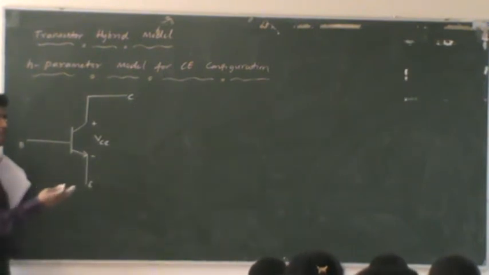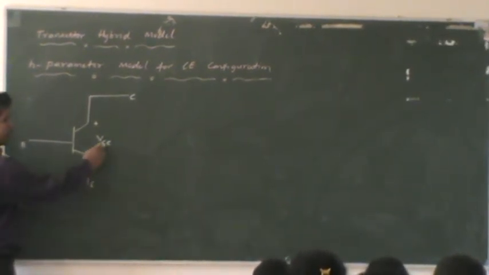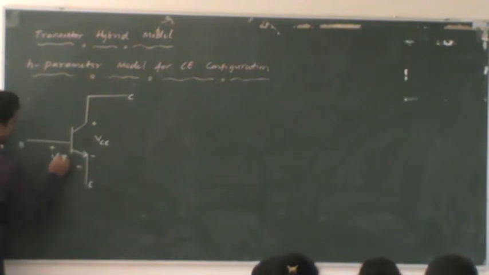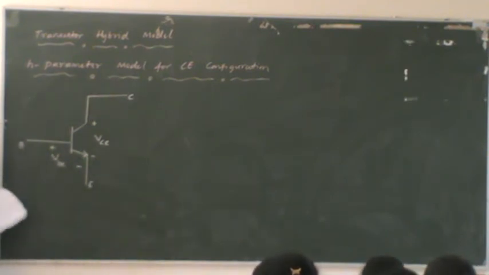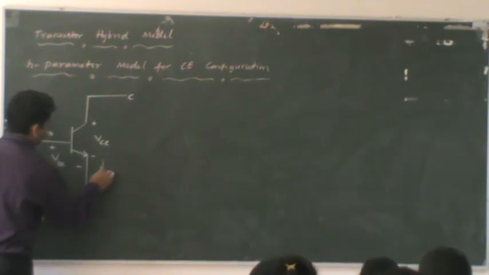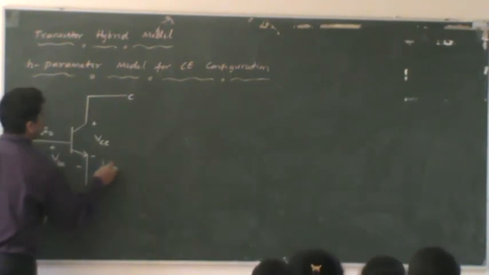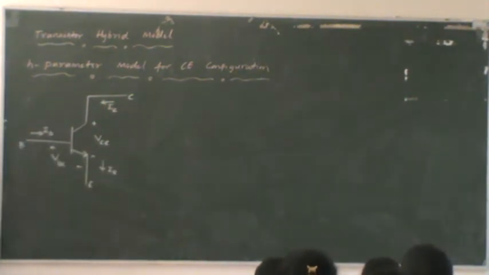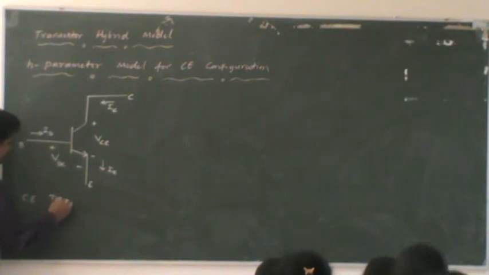Only in case of DC equivalent and DC analysis can you use uppercase. Even the base emitter voltage is indicated with lowercase vBE. Do not use uppercase here. Currents are also indicated in lowercase. This is iB, the current flowing in the emitter is iE, and the current flowing in the collector is iC. So it's nothing but the common emitter transistor configuration.